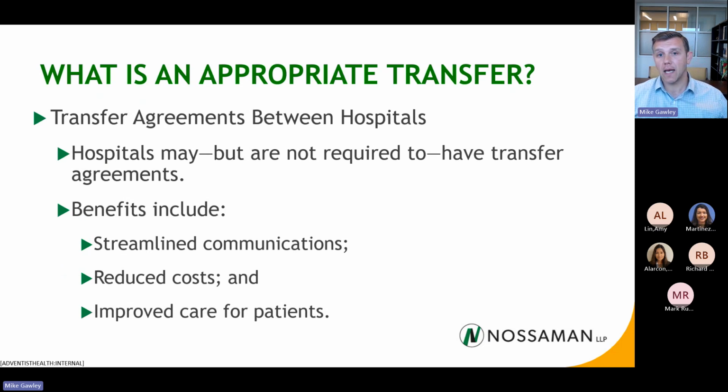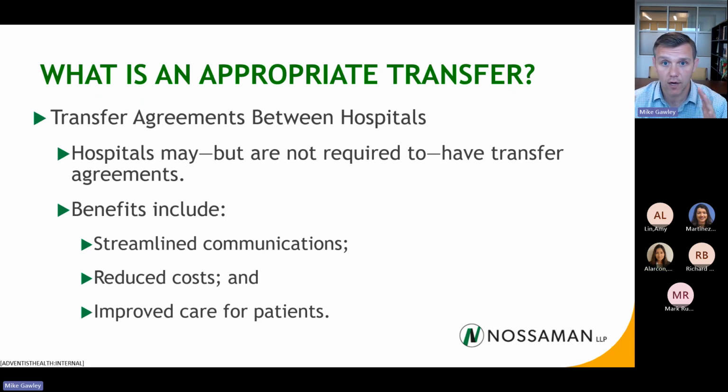One way to address that is to have transfer agreements between hospitals. Now, this happens at the hospital administrative level and not at the medical staff level, but it's important to know that these agreements do exist, and they can often be helpful.